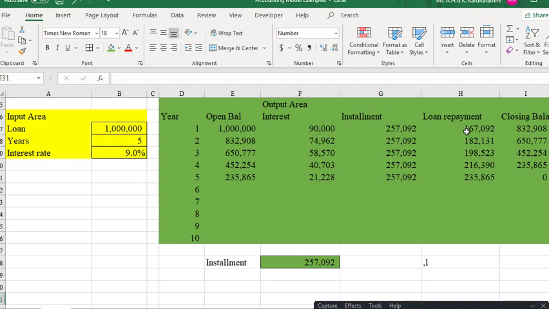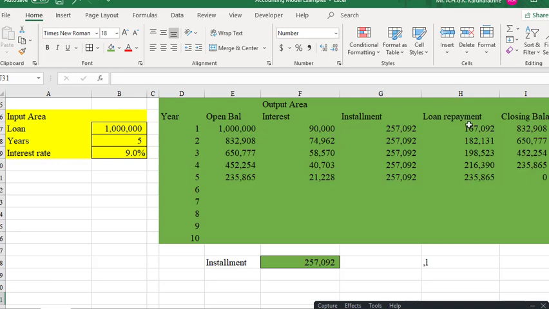Only the difference, 167,092, is the amount you are paying toward your loan. Your loan will be reduced only by 167,092 rupees, even though you are paying about 257,000, because out of 257,092, 90,000 is charged by the bank as interest.